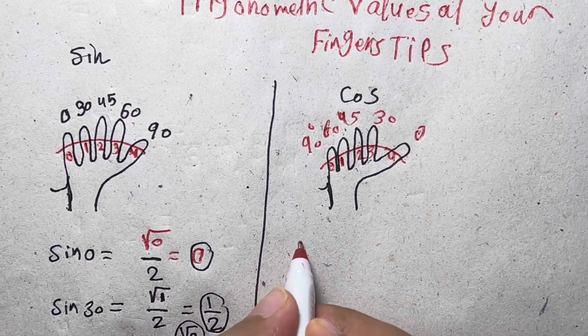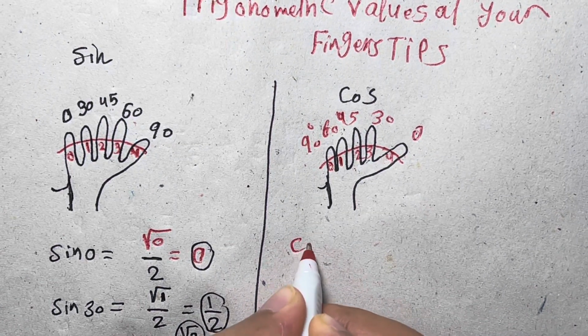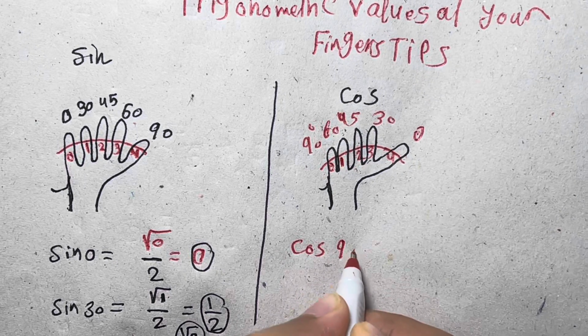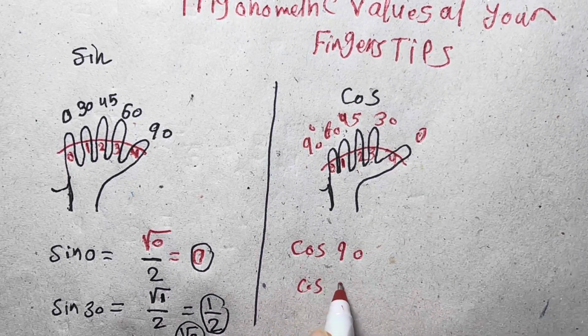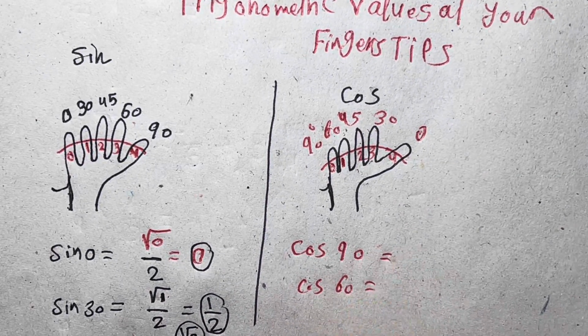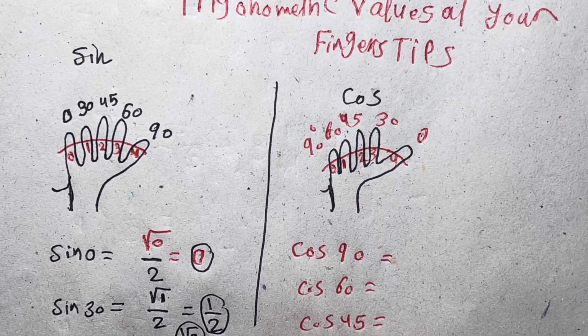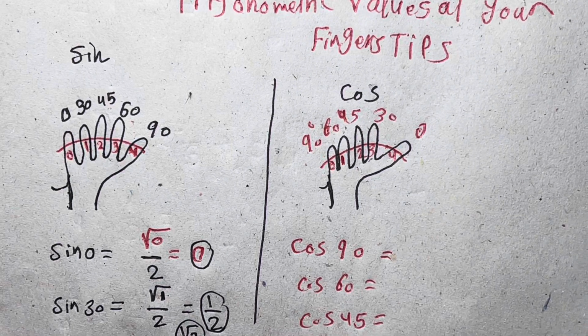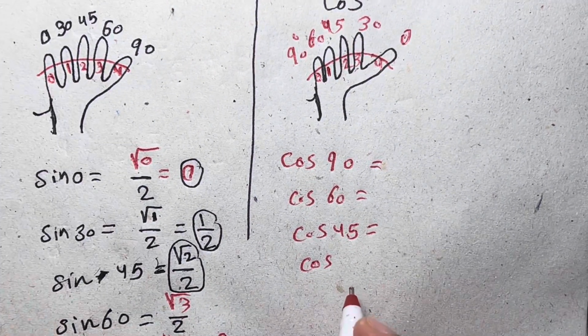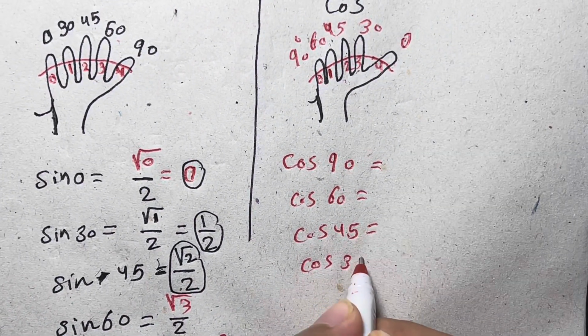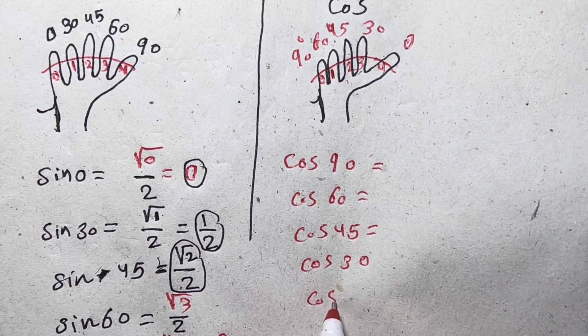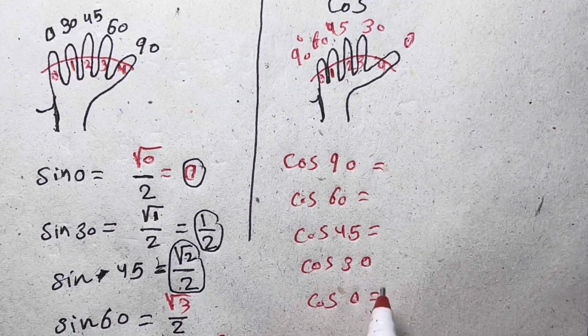We are going to find first cosine 90, cosine 60, then cosine 45, cosine 30, last one cosine 0.